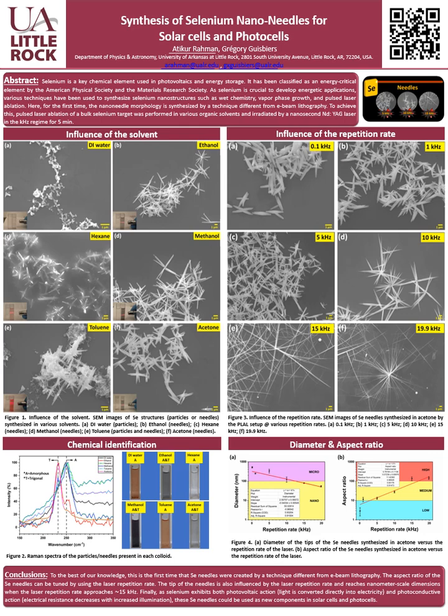We use laser technology to synthesize those selenium nanoneedles. Basically, we shine a pulse laser beam on a bulk selenium pellet, and we synthesize the nanoneedles in a solvent. The solvent could be DI water, ethanol, or any organic or inorganic solvent.